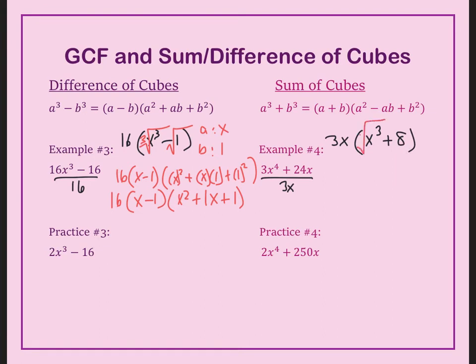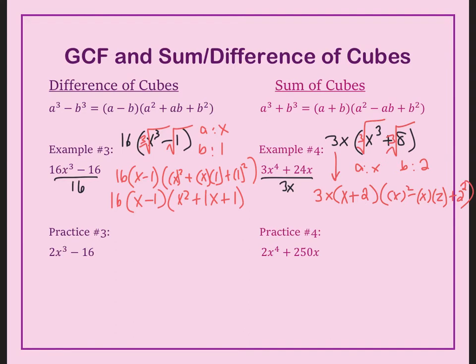So what's the cube root of x cubed, and what's the cube root of 8? That means my a value is x and my b value is 2. Don't forget that you factored out a 3x, which will go in front of it. So the sum of cubes is x plus 2, and then it's going to be x squared minus x times 2 plus 2 squared.